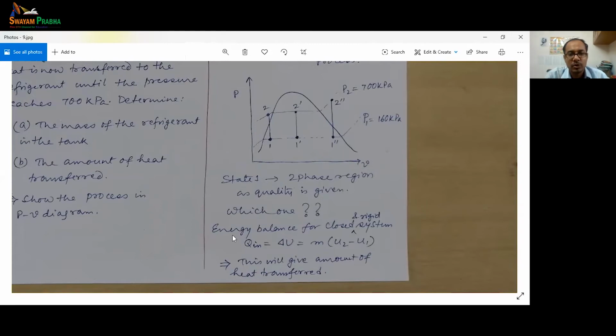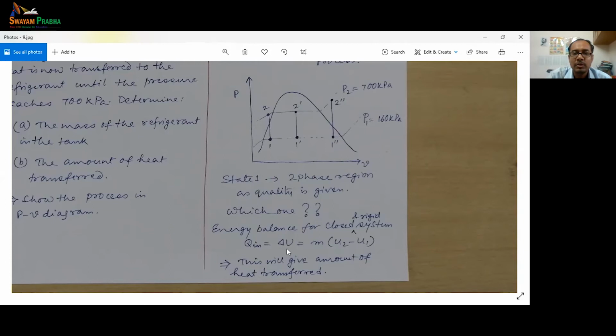That we don't know. Now what we know is the energy balance for this closed and rigid system: whatever heat you supply, it cannot produce any boundary work. So the whole heat will convert into the rise in internal energy. Okay, because it's a rigid system, it cannot perform any boundary work. It's a closed system, that's why it cannot perform any other kind of work as well.